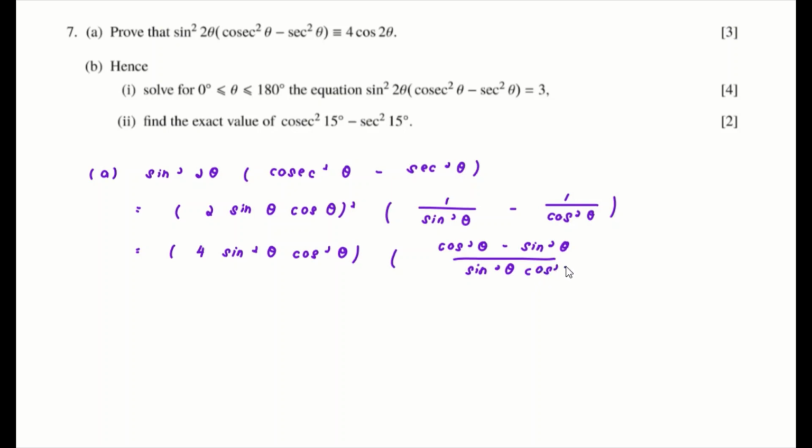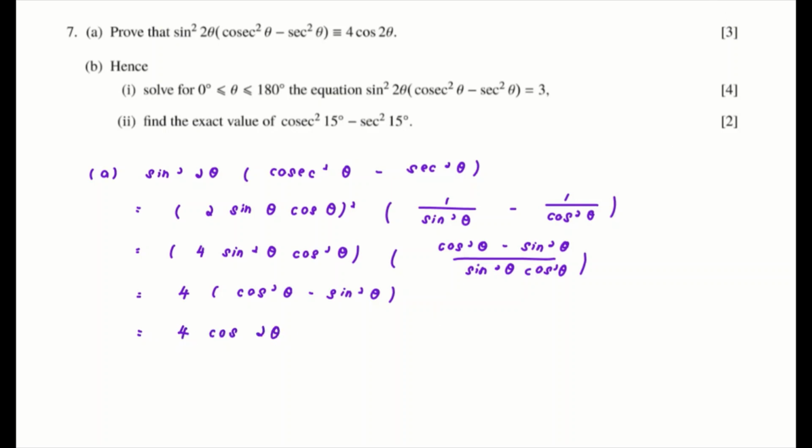Okay, so I think things are getting clearer. You can see sine square theta cos square theta, sine square theta cos square theta, that gives us 4. And what we are left with is only cos square theta minus sine square theta. By looking at the identity, we know that cos square theta minus sine square theta basically is cos 2 theta. So we can get our last answer here.